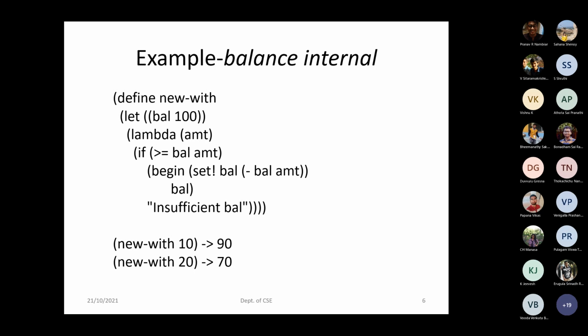What I have done here is I have made a slight modification so that I can bring this balance into the procedure. I have defined a variable called new-withdraw, where I'm making use of a let statement. I'm initializing the variable balance.